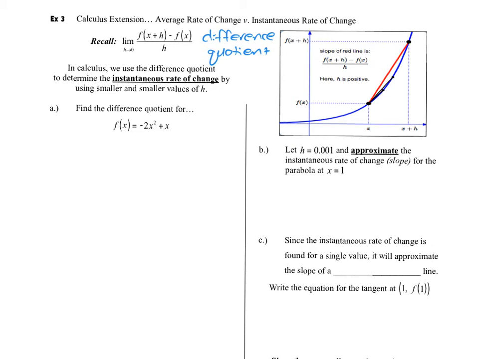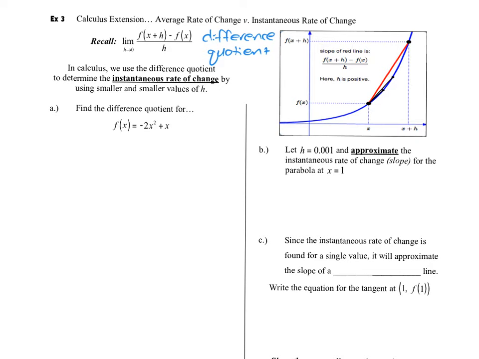You can see these x values at the bottom would be, let's say, our first x value. Looking at our difference quotient formula, this one is going to be f of x. This second point is going to be our original x value plus some value for h. That's where f of x plus h in our difference quotient formula is really coming from.